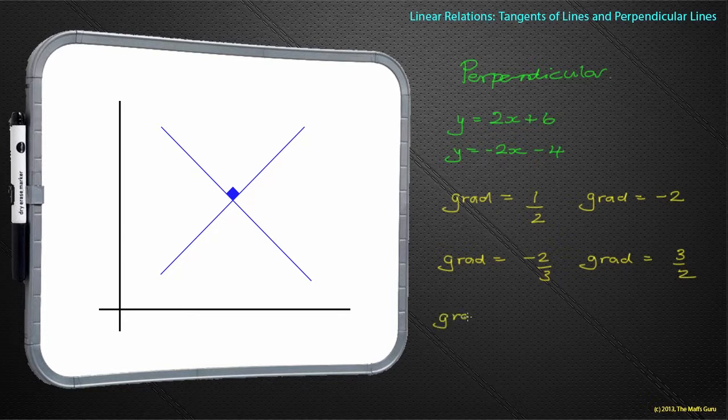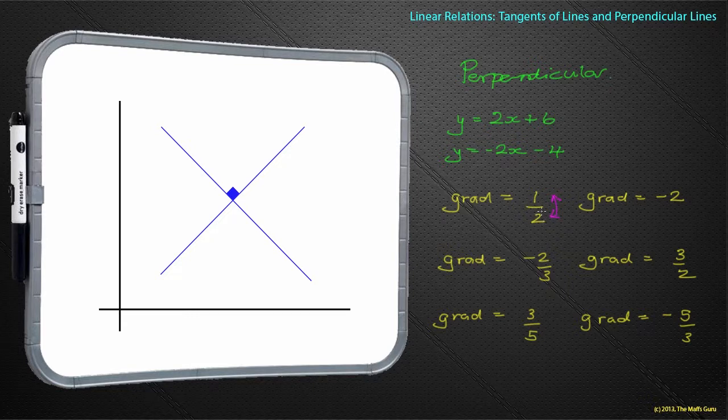And the gradient of 3/5 is perpendicular to the gradient of minus 5 upon 3. Now hopefully with those three examples you've come up with the general rule: to go from the gradient of a line to its perpendicular, you swap the top and the bottom numbers and change the sign, or you take the reciprocal and reverse the sign.